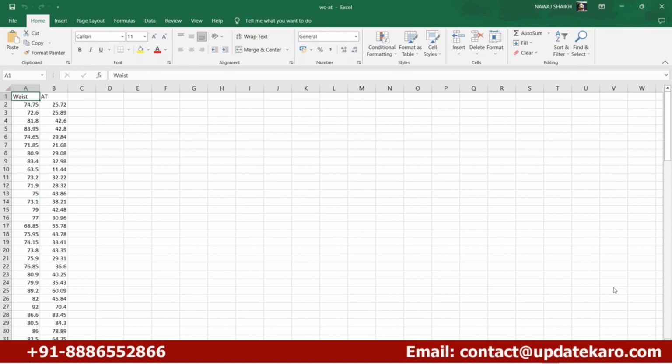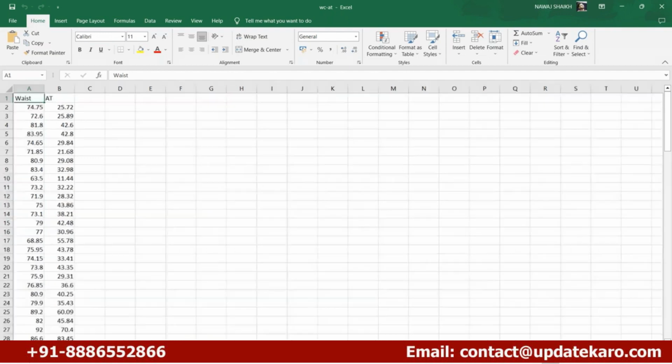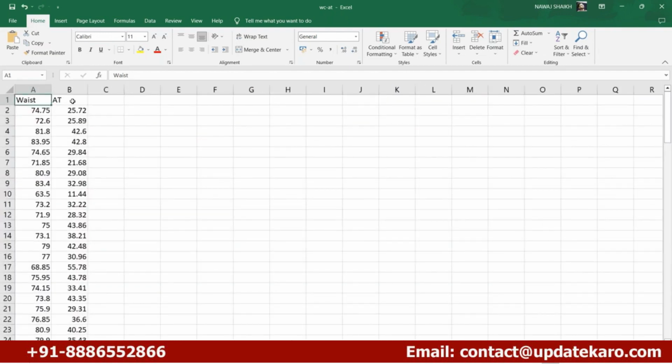I'll show you again in the practicals as well. Here you can see that we have two columns: the first is the waist circumference, and the second is AT, the adipose tissue data.